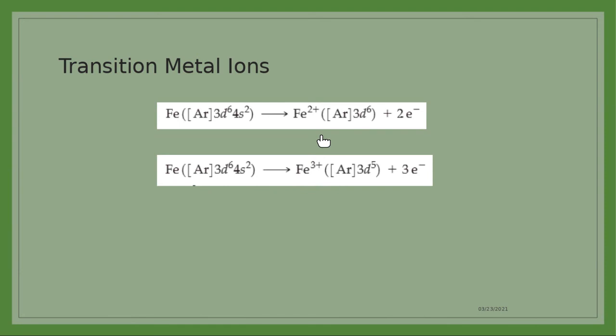Think about that. Which one is the stable? Think about spherical symmetry and then comment. Second one, this is iron 3 plus. The first one. Why first one? Why second one? Think.